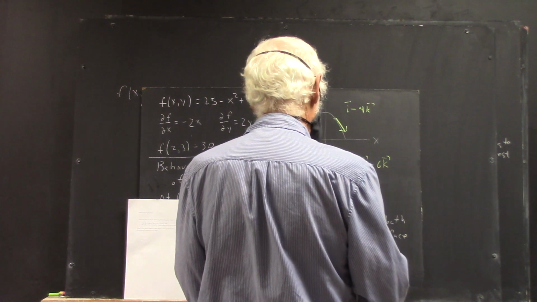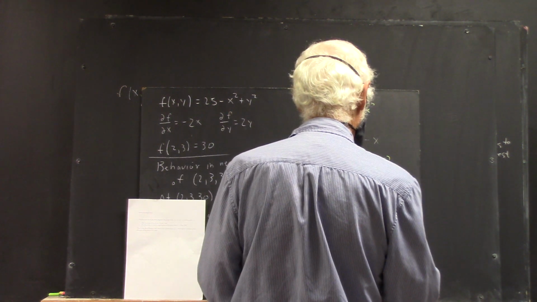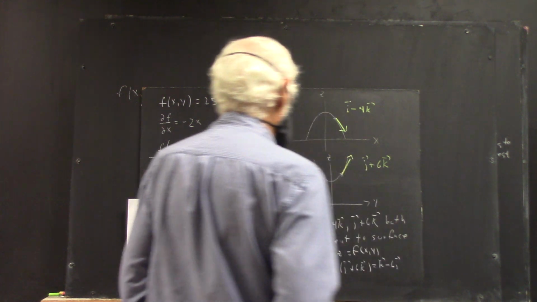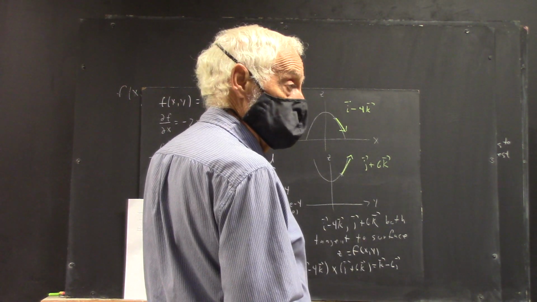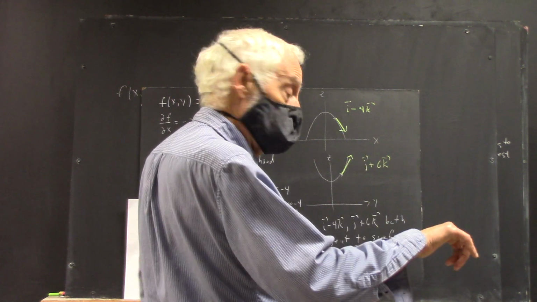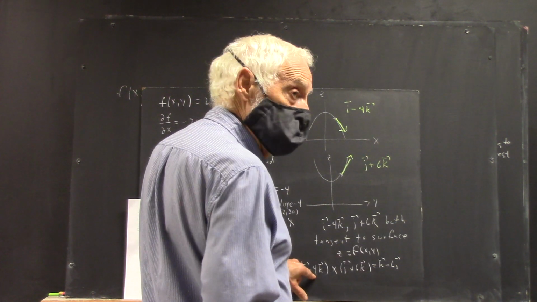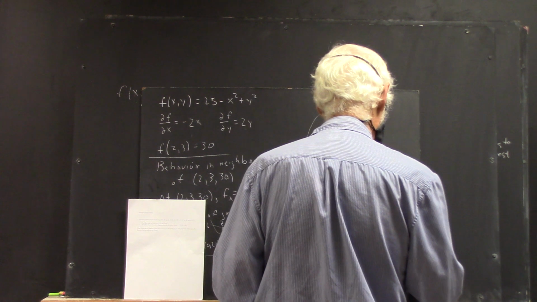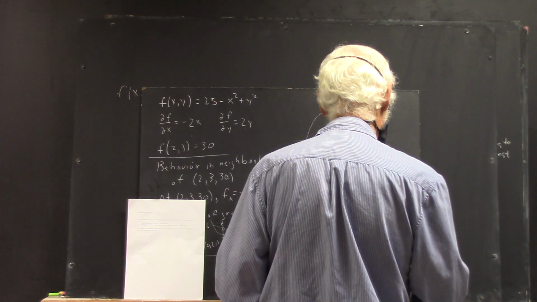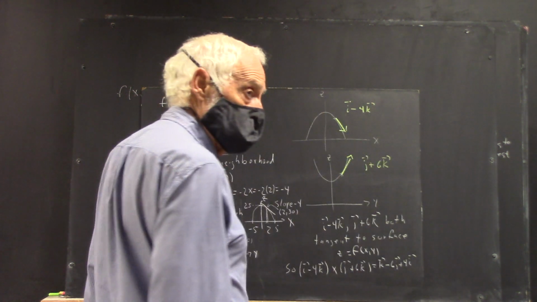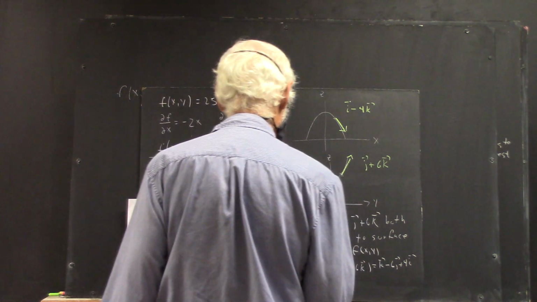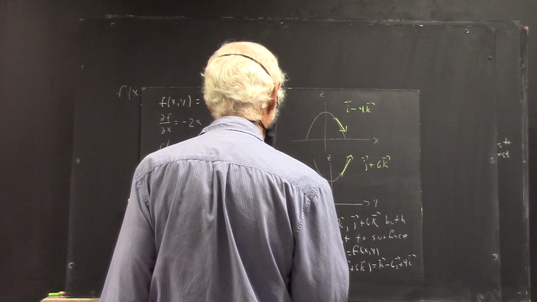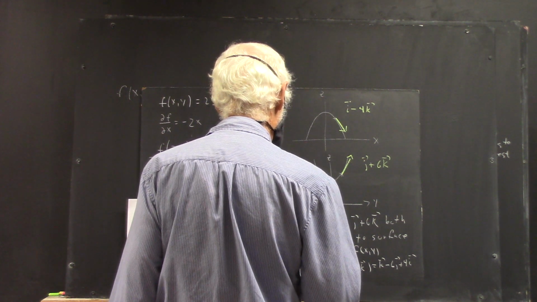So I cross 6k is negative 6j. And then negative 4k cross j. Okay? K cross j is negative I. You got a negative on the 4. There it is. Is normal.